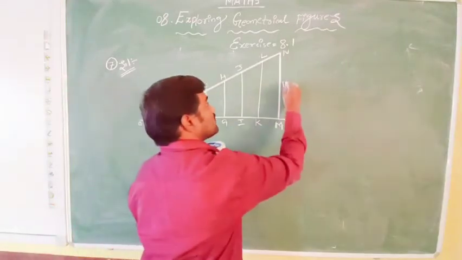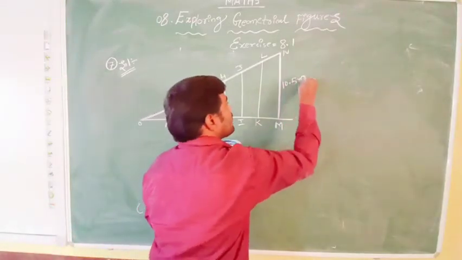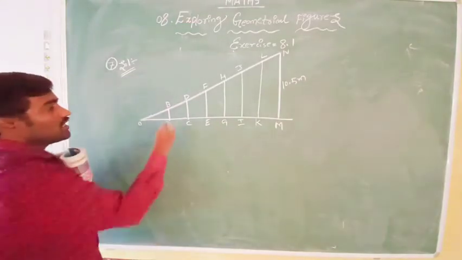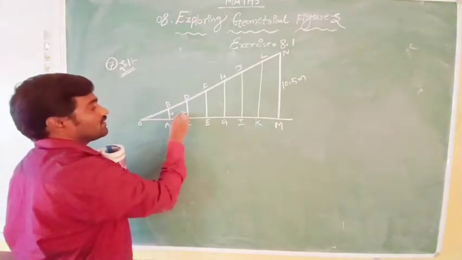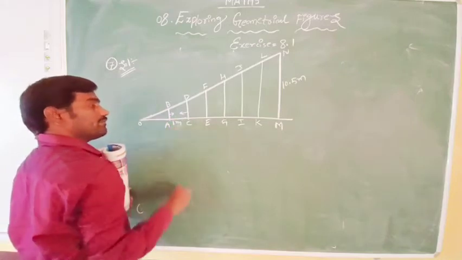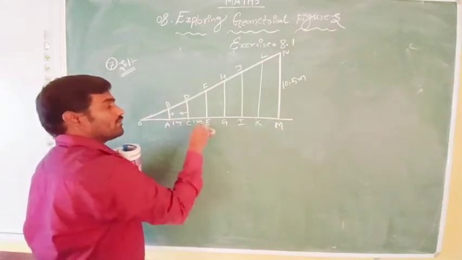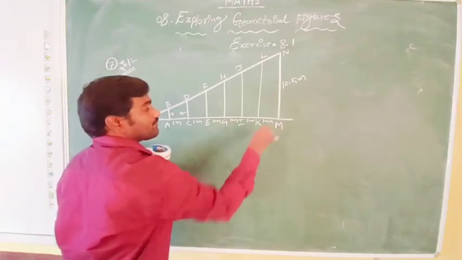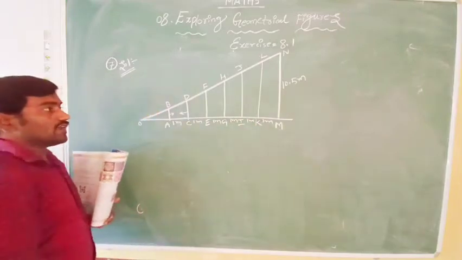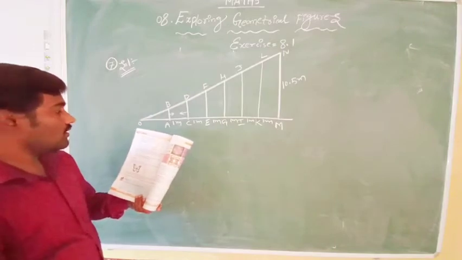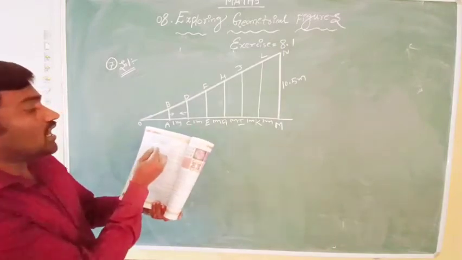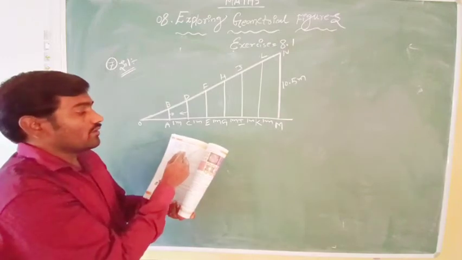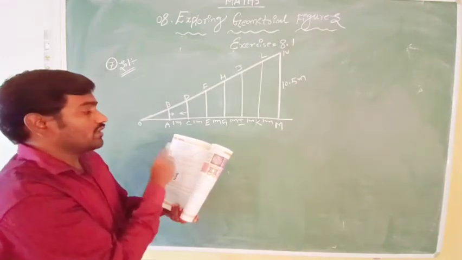The height of the last pillar is given as 10.5 meters, and the distance between each pillar is 1 meter. Here also 1 meter, 1 meter, 1 meter, 1 meter, 1 meter. Okay. Then we have to see that the 7 pillars are used to hold a slant iron rod as shown in the figure.